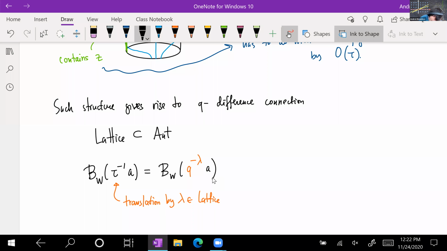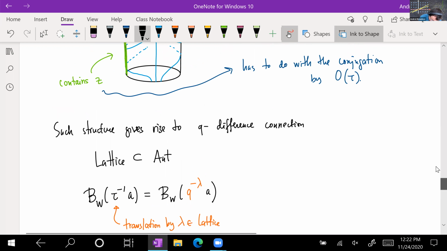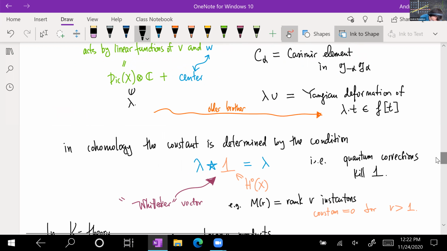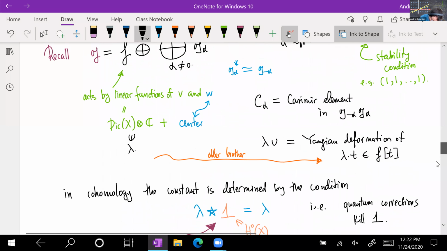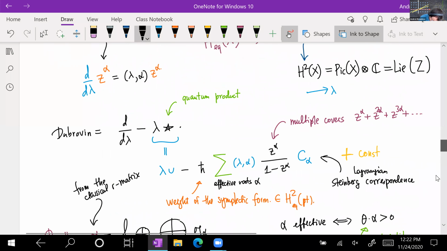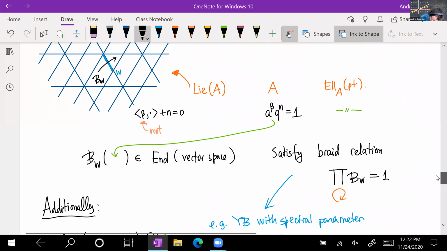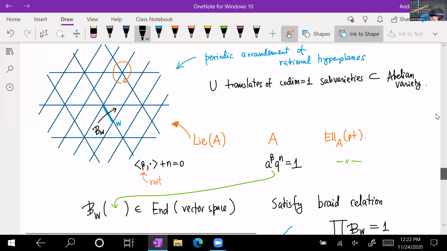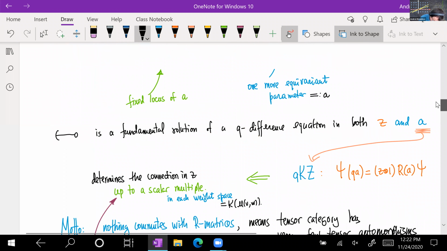And then in fact, I can write a formal solution to my Q difference equation. Namely, I take this picture. Well, maybe I already have the picture with the path here.